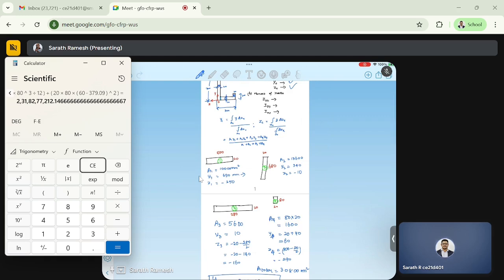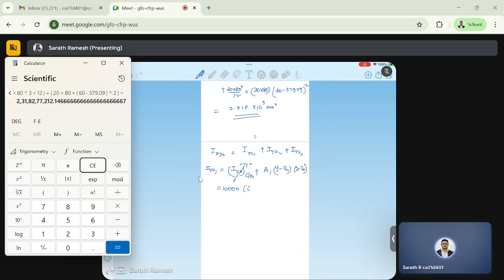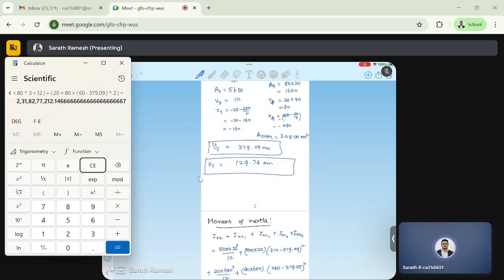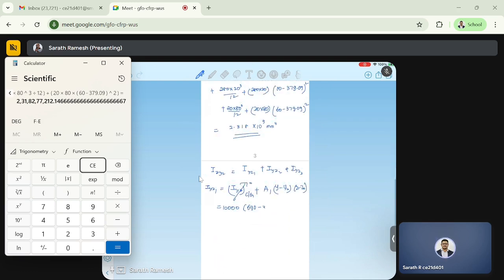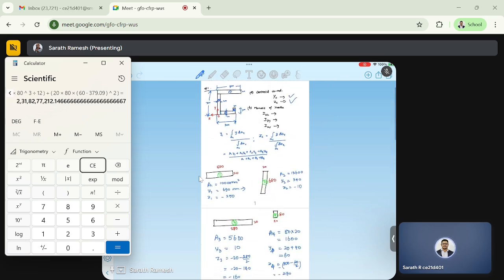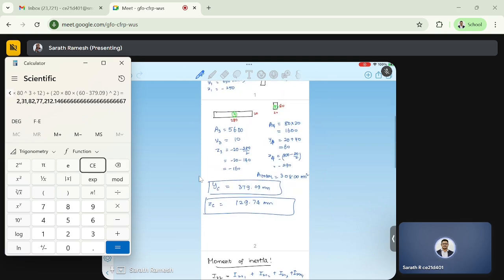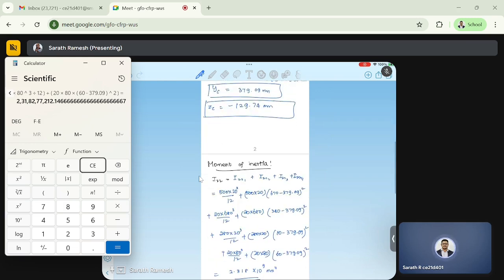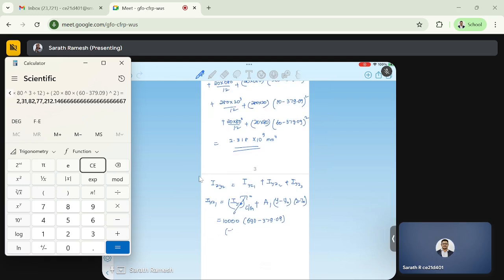What is y1? 690. 690 minus y naught, which was 379.09, times z1 minus z naught. Z1 is minus 250, and this is also negative: minus 250 minus of minus 129.74.